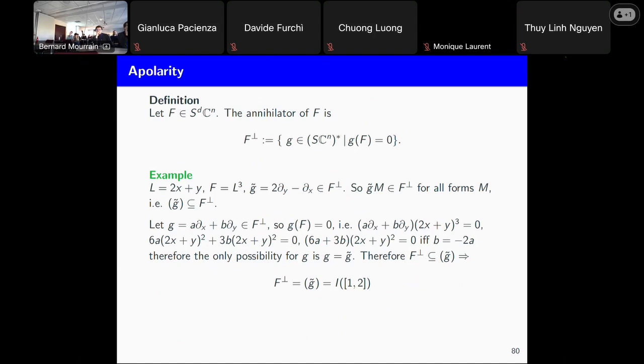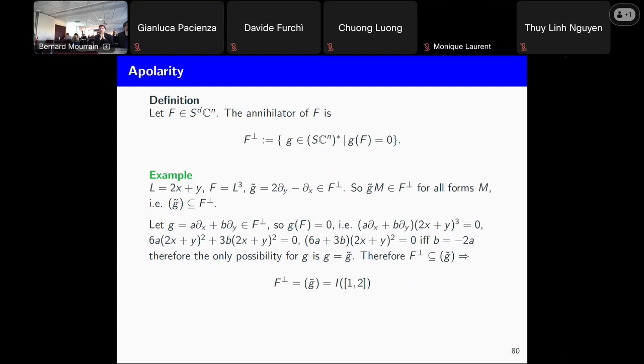But I didn't fix any degree. I'm just looking at the whole space of partials. It's just to remember that it's everything that kills your F, but it's not meant to be a subspace only of the space of partials of degree d. This is really in the whole algebra. So all the partials of any order that kill your F.